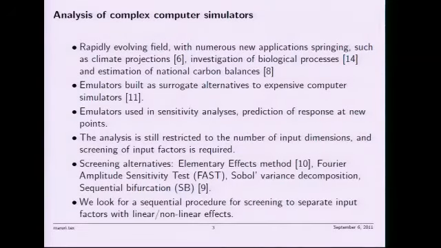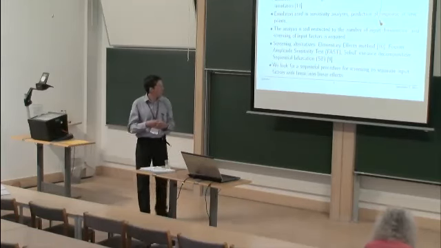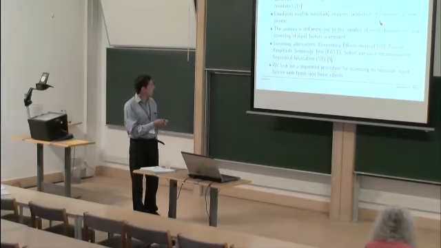It only works directly when the simulator is very cheap and the sensitivity is performed directly there, so a large number of runs is required. Another alternative is the Fourier amplitude sensitivity test, also named FAST, and an alternative which I will mention later, that was recently pointed out to me, Jack, thanks, is sequential bifurcation.